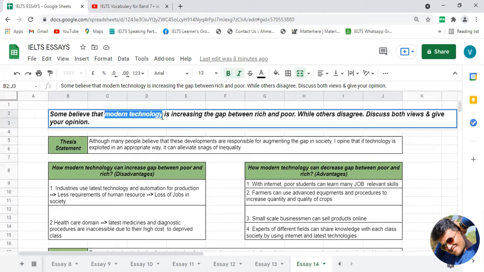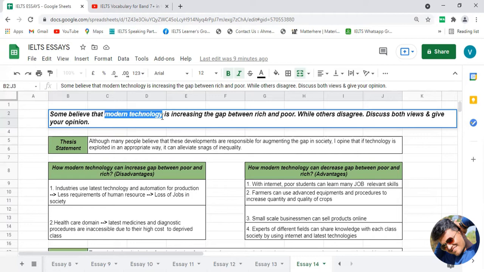All those things can be considered modern technology. Do not limit your thinking of modern technology to the internet only. Modern technology means everything; all the automated tools and all those things can be considered modern technology. That is the central idea and the keyword of this particular statement.